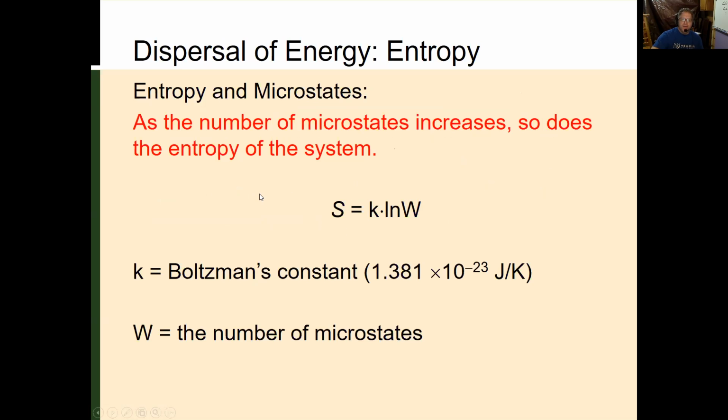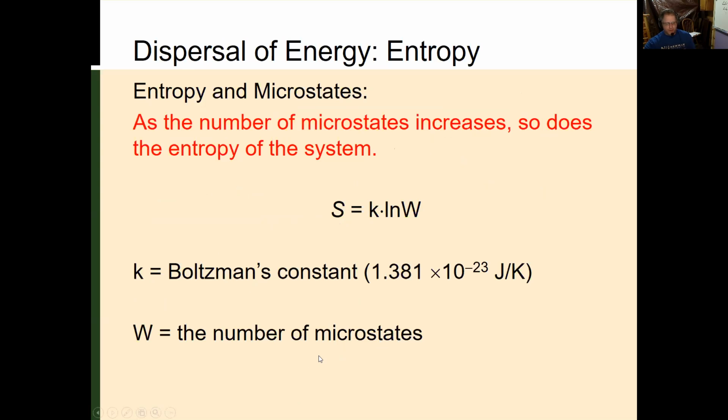A better definition was come up with by Boltzmann, and his statement is that the entropy S is equal to a constant K times the natural logarithm of W. Actually, when he was doing it, he used logs because they could use a slide rule. So on his grave, it actually says K log W, where W is the number of microstates.